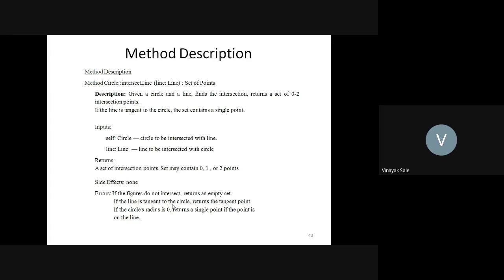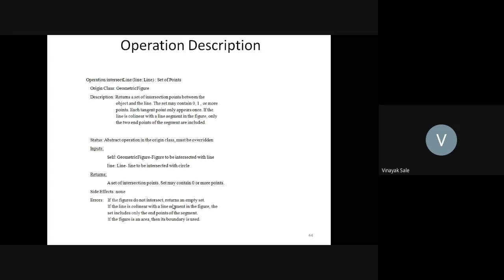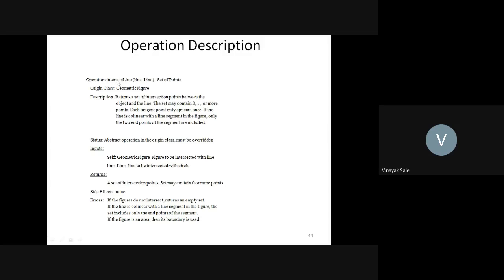Then third, operation descriptions. The operation is intersect line. The origin class is Geometric Figure, and the description: returns a set of intersection points between the object and the line. The set may contain 0, 1 or more points and each tangent point only appears once.